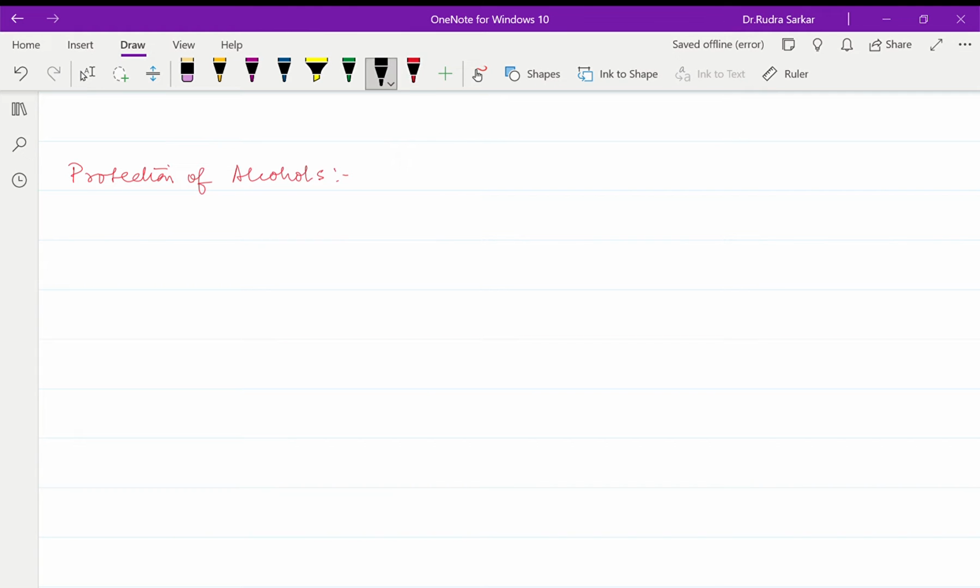So we can do this by using a benzyl ether protective group such as CH2Ph, or designated as Bn.